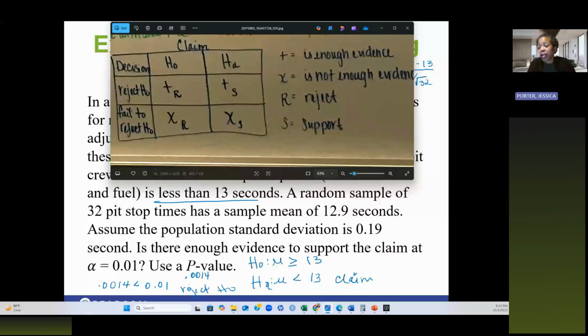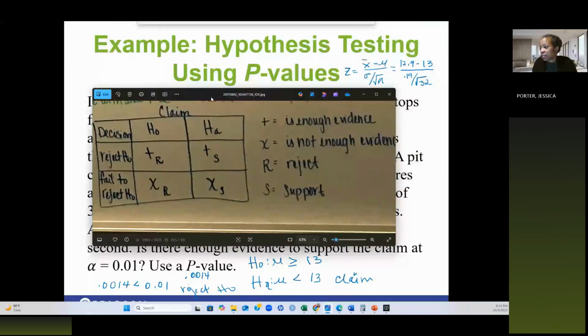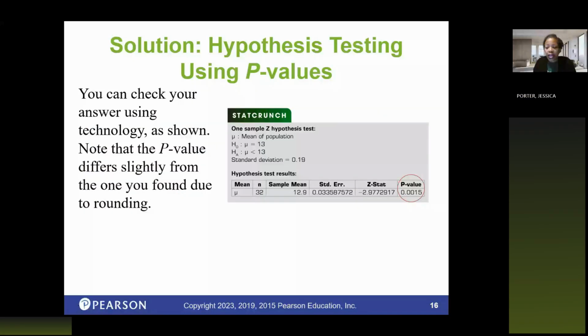So our wording is, there is enough evidence to support the claim that its mean pit stop time is less than 13 seconds. And then we can do a couple of examples after the break.